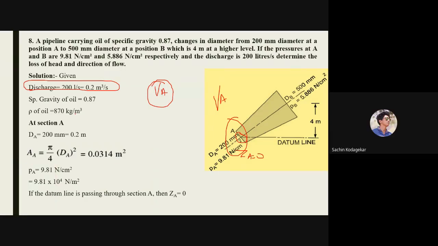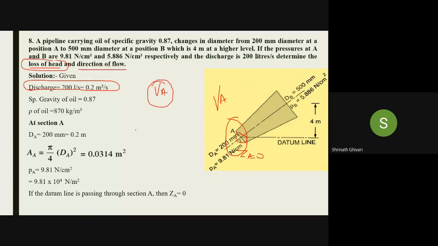Bernoulli equation. From Bernoulli's equation, we have to determine the loss of head. Then there will be two parameters now which have to be determined. So how can you calculate velocity? Using the Bernoulli's equation, we have to calculate the loss of head and the direction of flow.